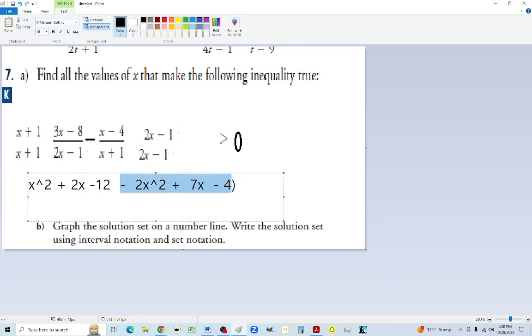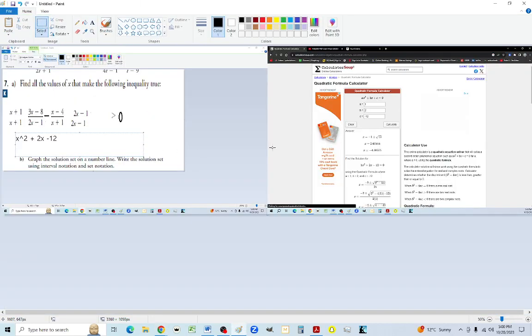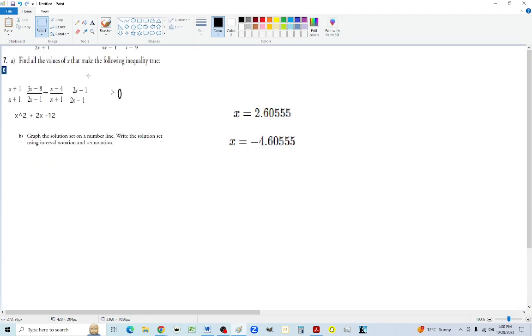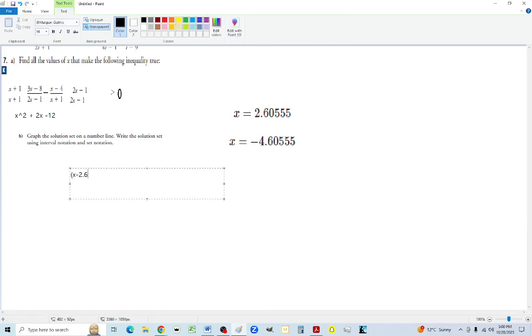So this, I'm going to use the quadratic equation to see if there's a solution. I get 1 is A, 2 is B, minus 12 is C. And I get decimal answers. These are the possible solutions right here. Which is essentially like saying on the top, x minus 2.6055, x plus 4.6055, all divided by x plus 1 and 2x minus 1.